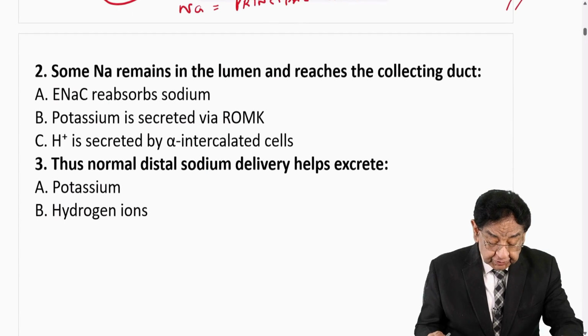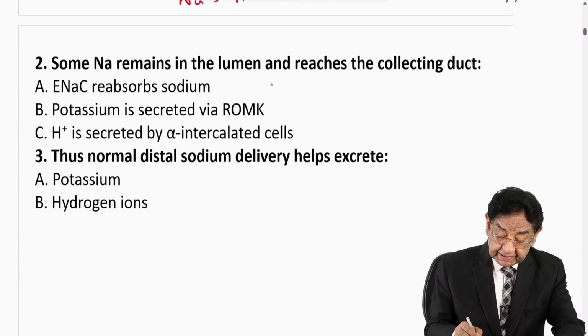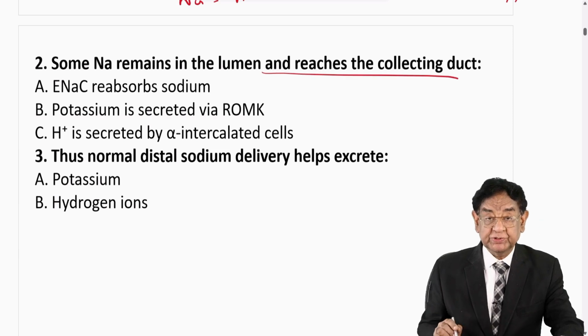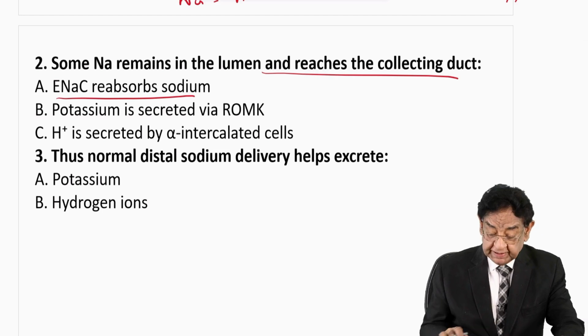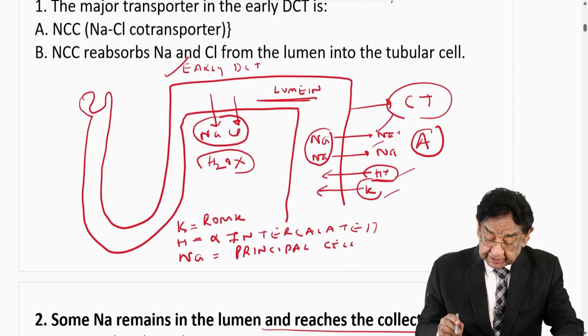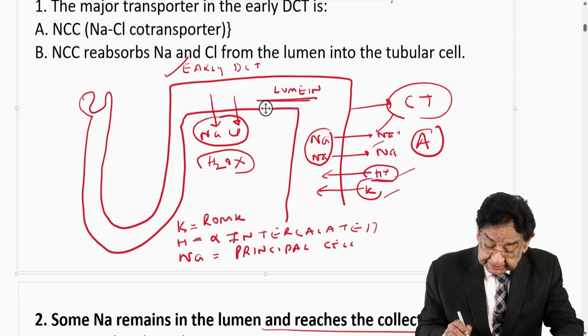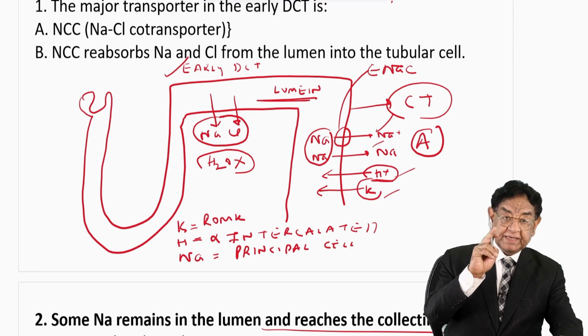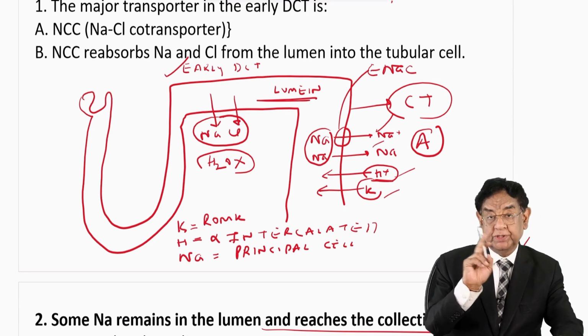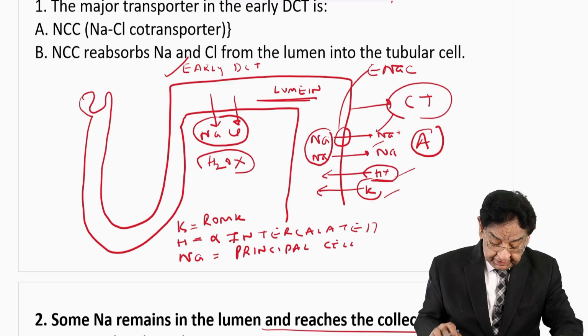Well, as I told you, some amount of sodium remains in the lumen and reaches the collecting tubule, as I showed you in the previous slide. ENaC absorbs sodium. ENaC is the channel. Point to note, the ENaC channel absorbs only sodium, not chloride. Okay.